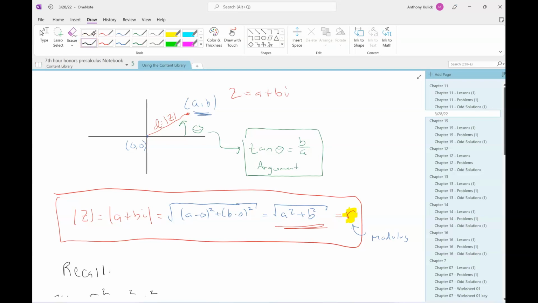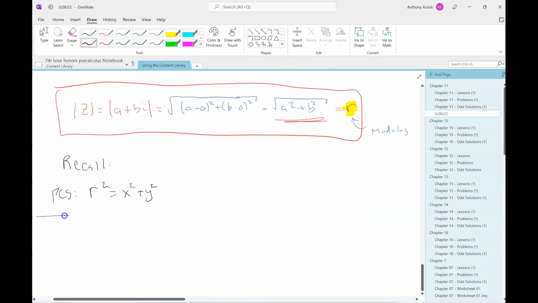Taken together, those can describe the position of a complex number inside the complex plane, correct? Just like we could use the polar coordinate system to describe the location of a point inside the Cartesian coordinate system, right? So guess what? We're going to define another way to represent a complex number.